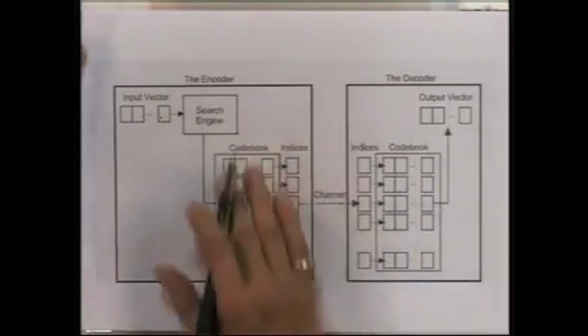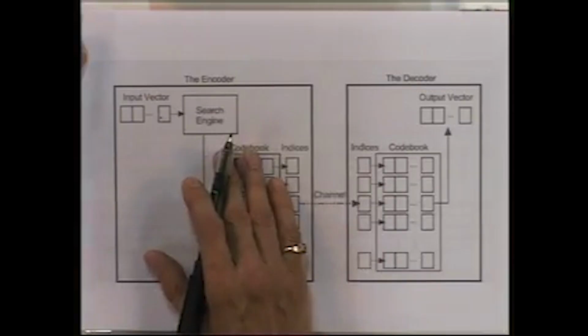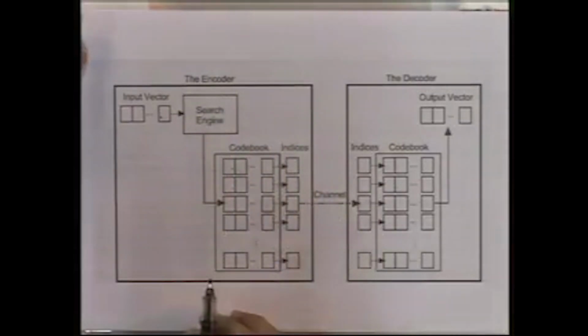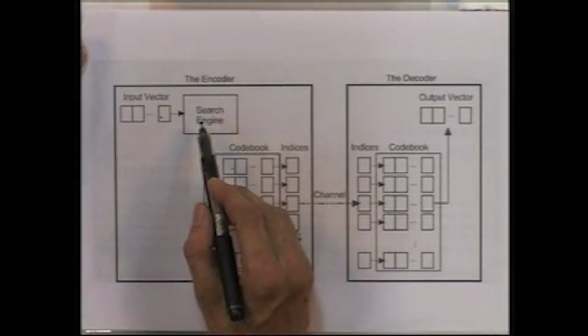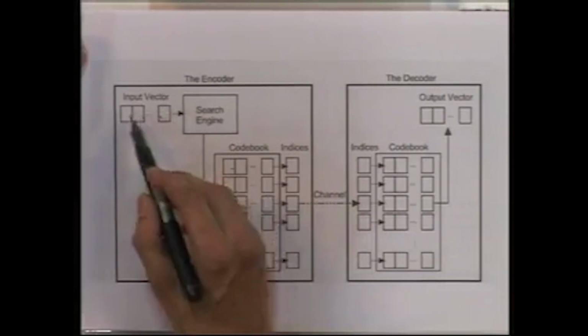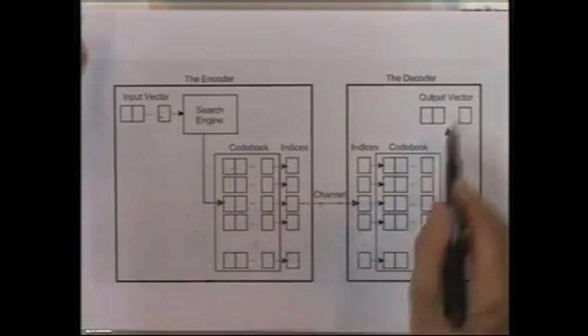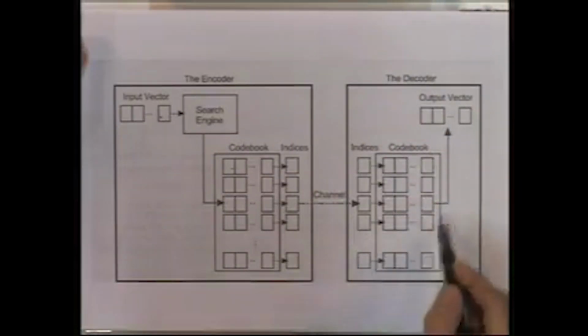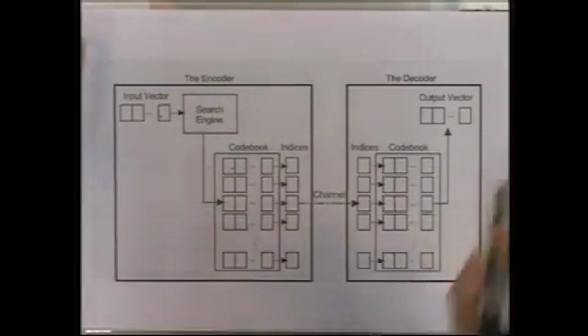In a vector quantizer, the encoder has to perform a considerable amount of computation in order to find the closest code word to the vector of source outputs, but the decoder is very simple in the form of a table lookup.